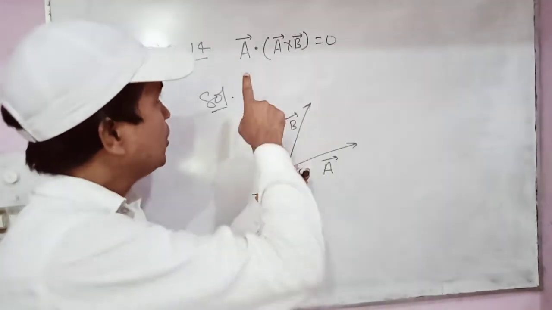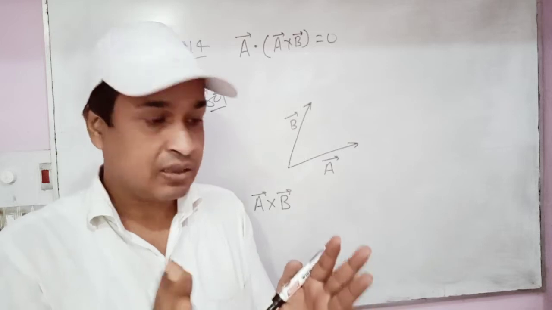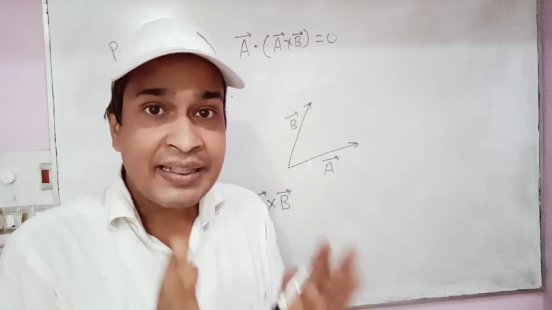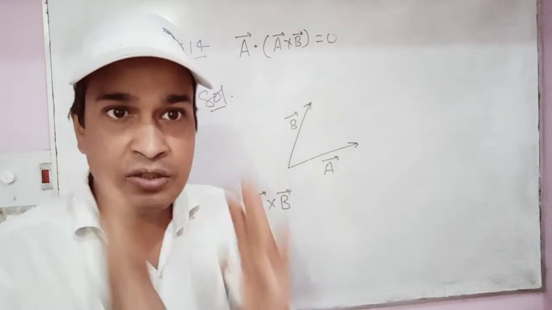So the angle between A cross B and vector A is 90 degrees. As we know, if the angle between two vectors is 90 degrees, then their dot product is 0.